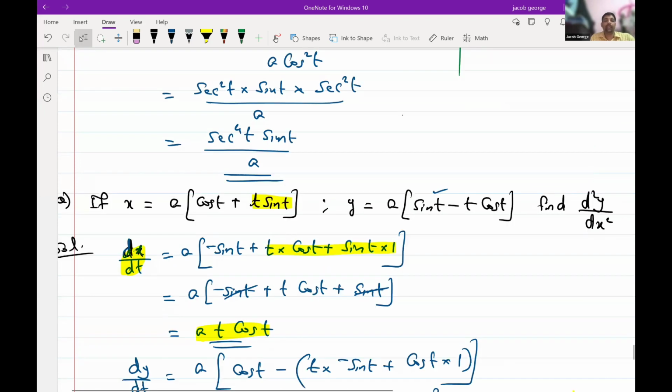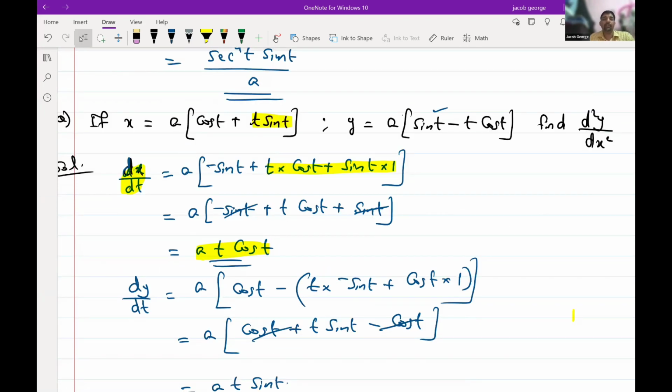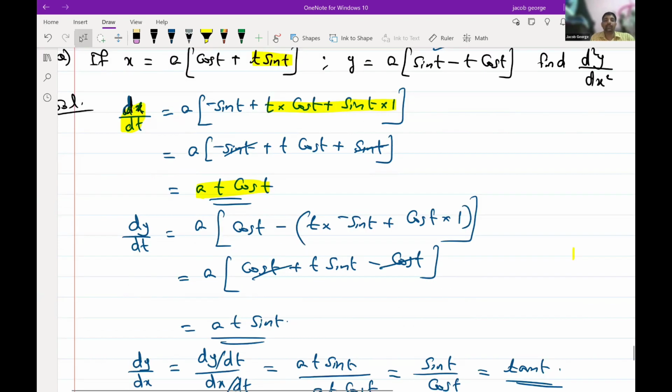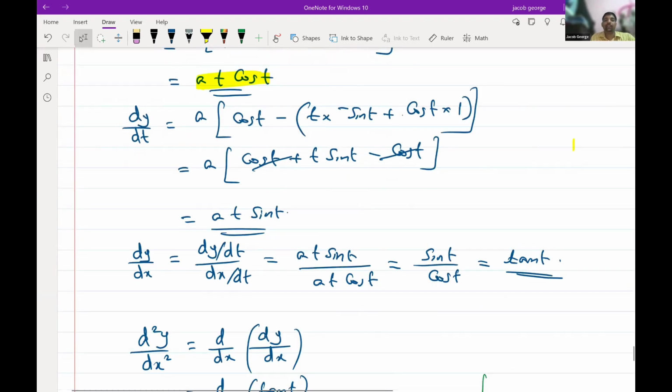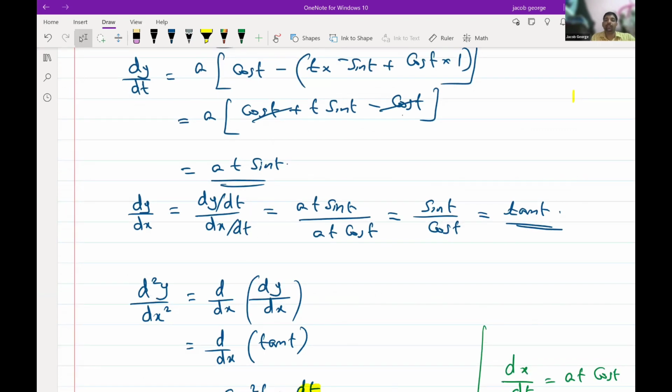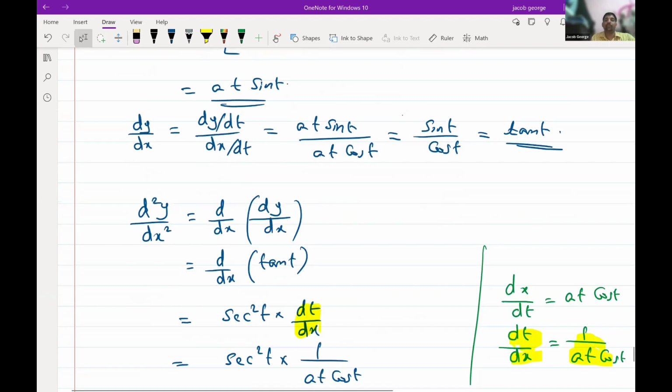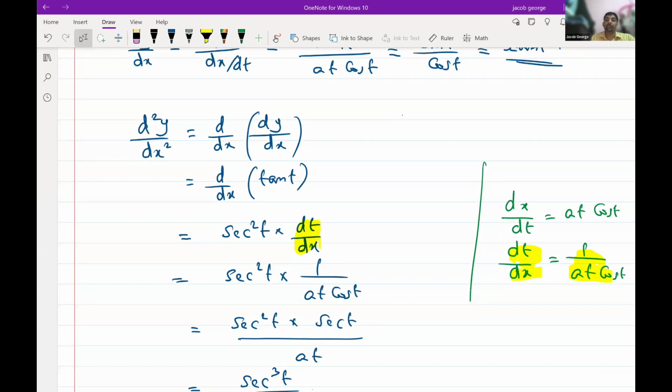Even this question is also the same pattern. First dx by dt, but for t sin t, product rule is applied. t into derivative of sin t plus sin t into 1. Like that we got dx by dt as t cos t. Then dy by dt we got. Then dy by dx, dy by dt upon dx by dt, that we got tan t. Then second derivative. d by dx of tan t means sec square t into here also dt by dx.